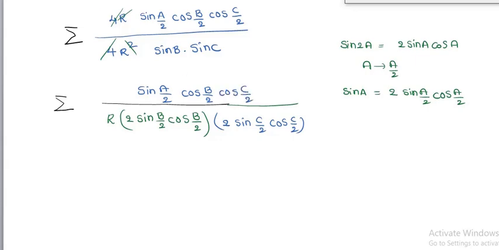Okay, so to do the cancellation, sin A/2 is not cancelled, cos B/2 cos C/2 is cancelled.